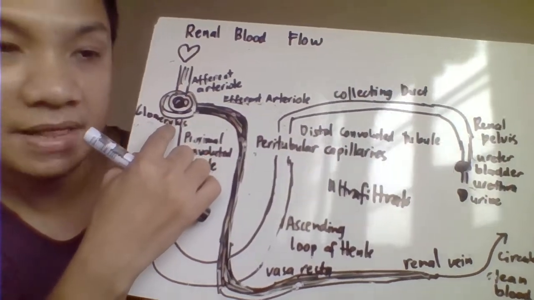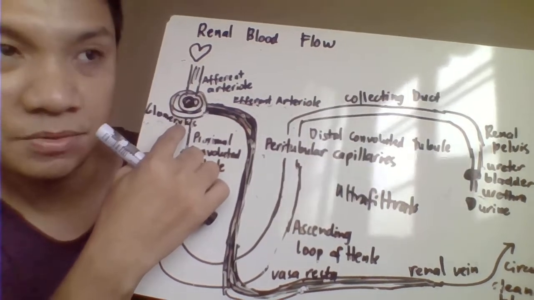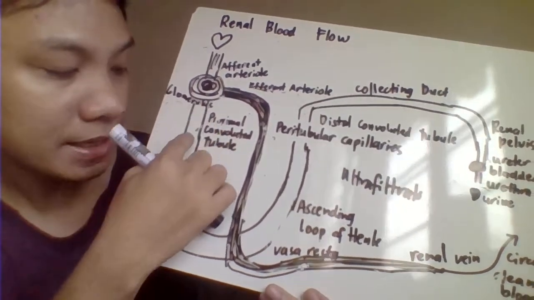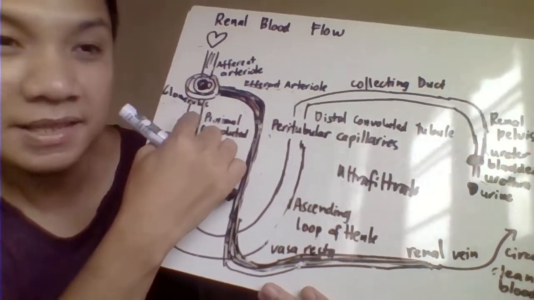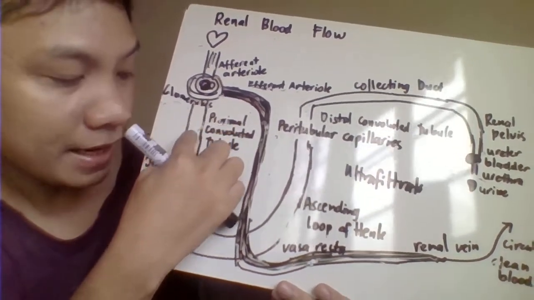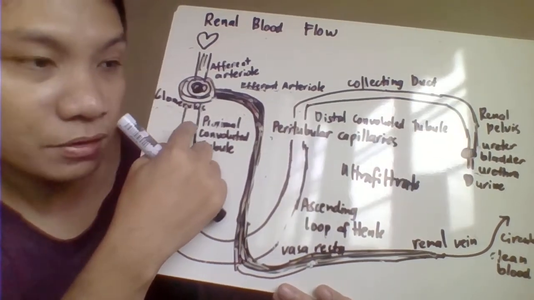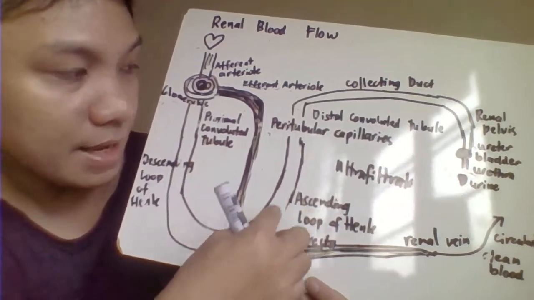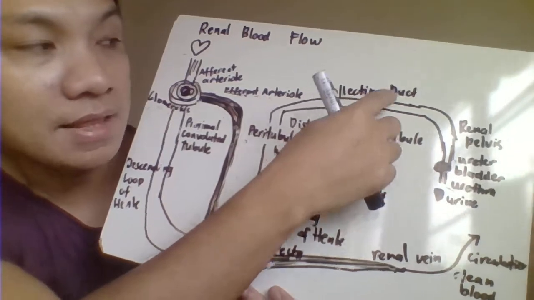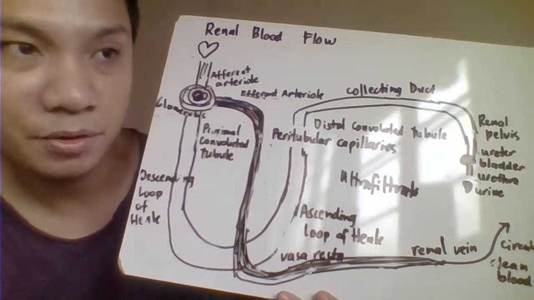Dito nangyayari ang filtration. Ang tubular reabsorption nangyayari dito sa ating renal tubules. Lahat ng part na to, dito nangyayari ang ating tubular reabsorption from your proximal convoluted tubules, descending, ascending, distal, collecting ducts.